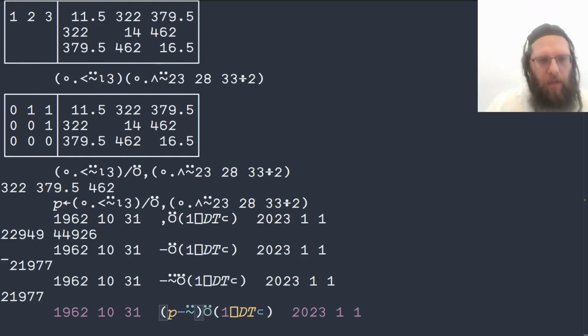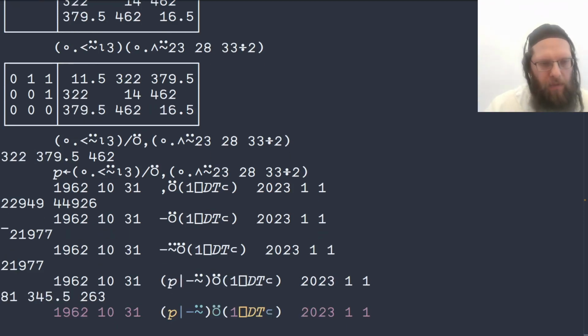If we take p here and modulus, this means the remainder when the difference between them is divided by these periods, and that gives us these values. But this is how much is left up until the last chance before the second date, right?